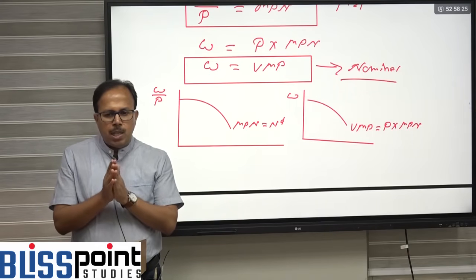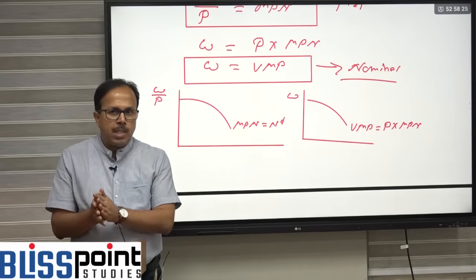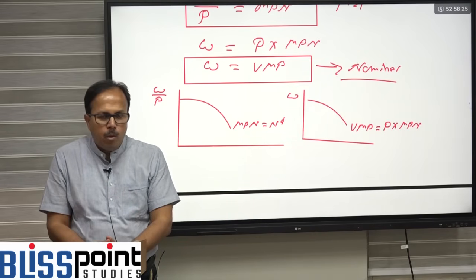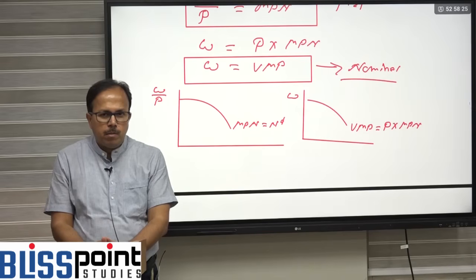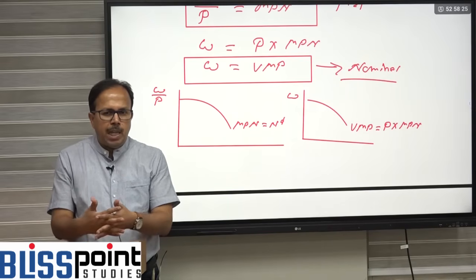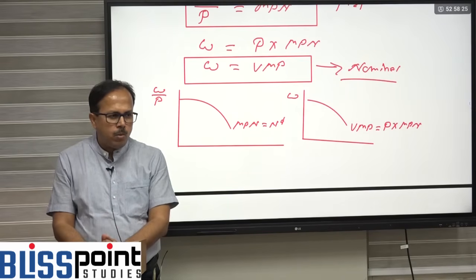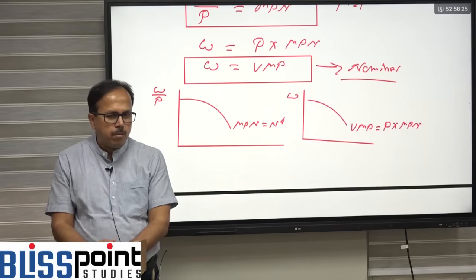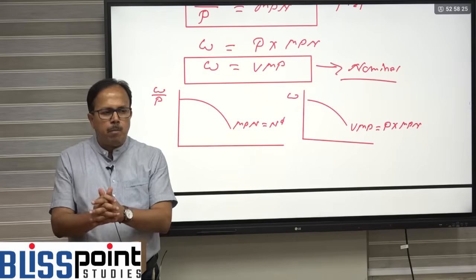Now if you go to the other side of the labor market, which is supply side, who supplies labor? Labor will be supplied by the individual worker or household. How much hours of labor they will supply?